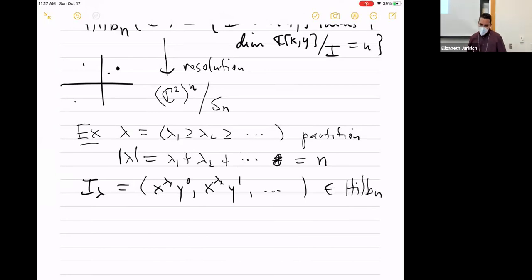Okay. And you don't really see this downstairs because it sits over, where do all these polynomials vanish? Just at the origin, right? So this sits over the n-tuple where all the points are the origin.